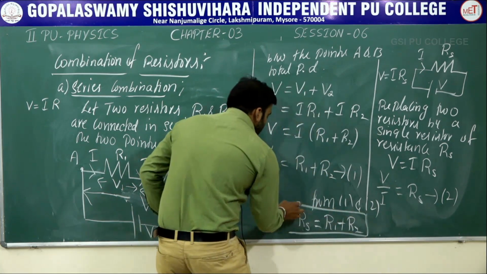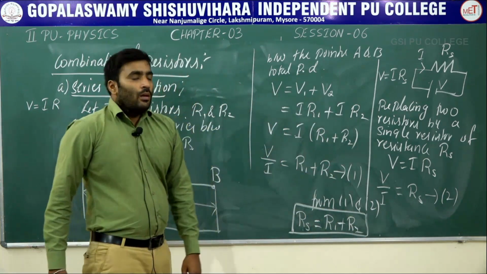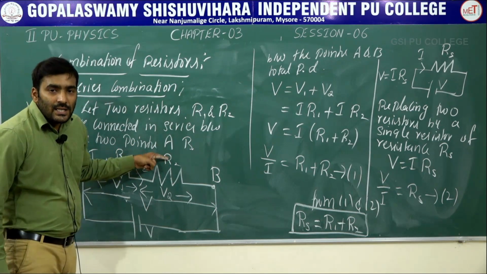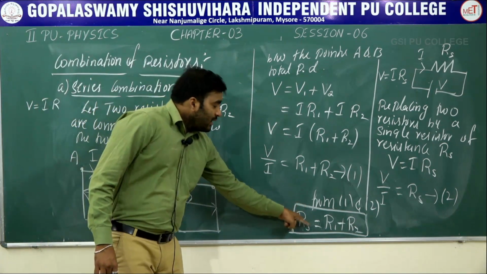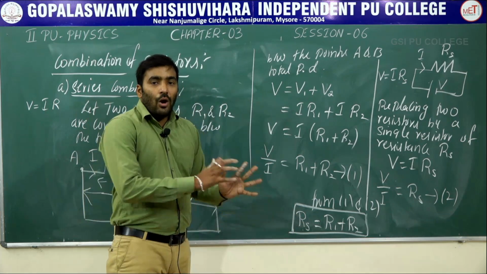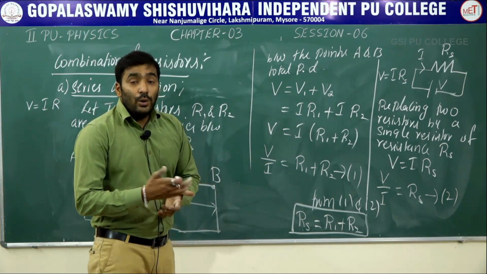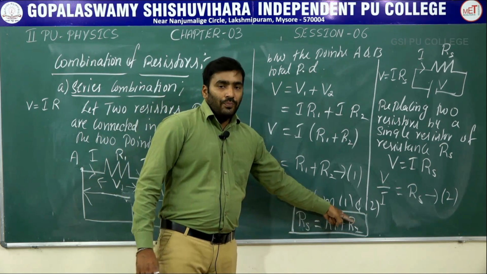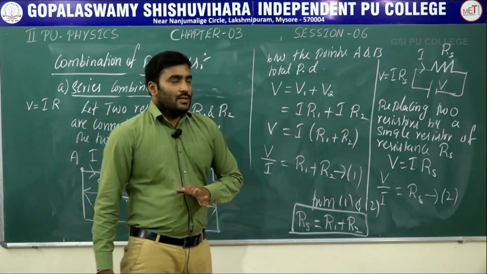So this is the required equation. When the two resistors are connected in series, the equivalent resistance becomes R1 plus R2, the sum of the two resistances.